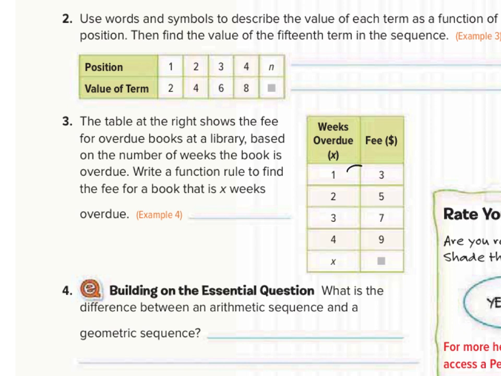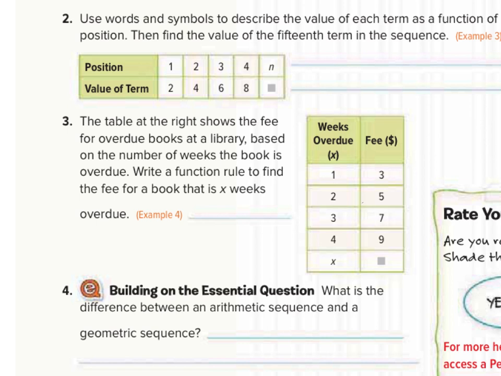So from 1 to get to 3, we would add 2 or times 3. If I add 2 to 2, I would get 4, not 5. So that doesn't work. If I multiply by 3, I would get 6. So that doesn't work. So we know that this is not a one-step function rule.